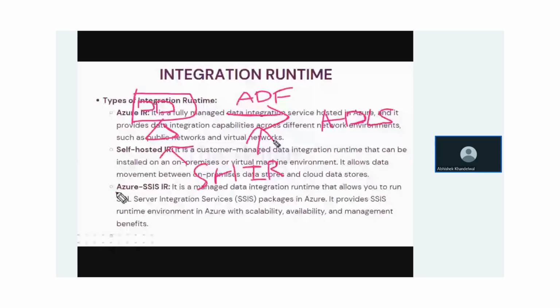Whatever linked service I create will point to the self-hosted integration runtime, and using that, I will be able to access all the files present on my on-premise system. So whenever I want to copy data from on-premise or in a private cloud, I can use self-hosted integration runtime.